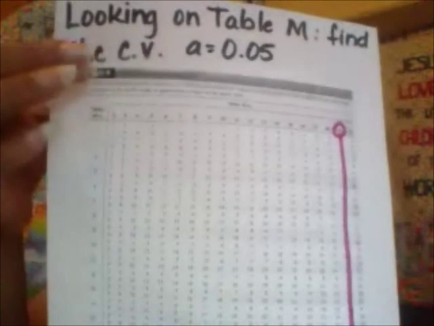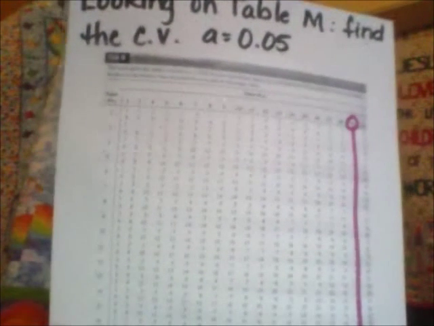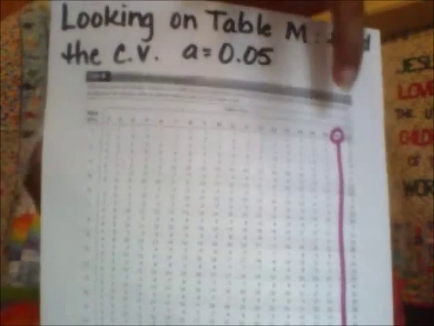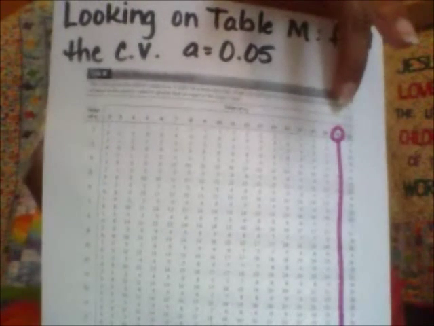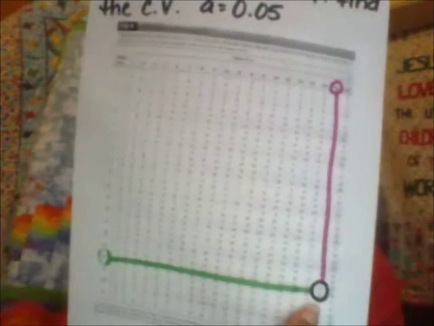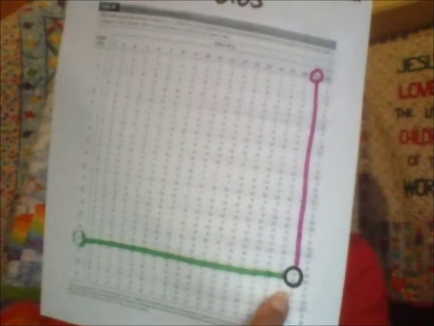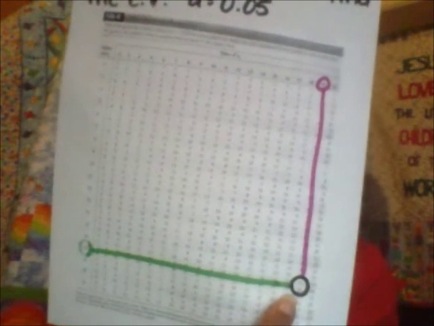So we go down, and our n sub 1 was 17, and our n sub 2 was 19. We come together and bring them down, and we're in the points between 12 and 26.